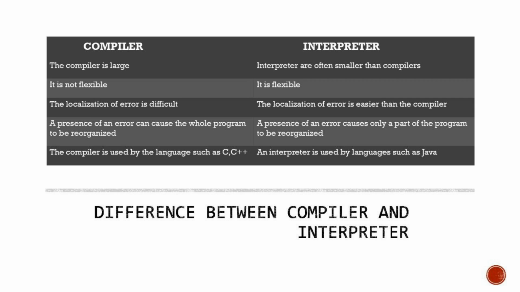In an interpreter, the localization of error is easier than in the compiler. In a compiler, the presence of an error can cause the whole program to be reorganized. But in an interpreter, the presence of an error causes only a part of the program to be reorganized. Compiler is used by languages such as C and C++. Interpreter is used by languages such as Java.